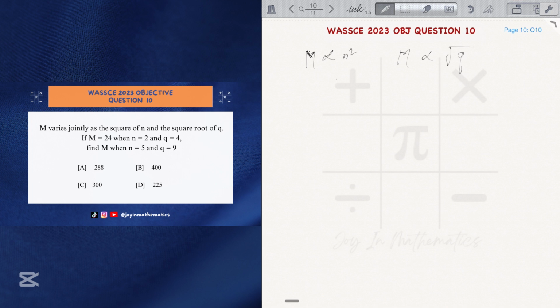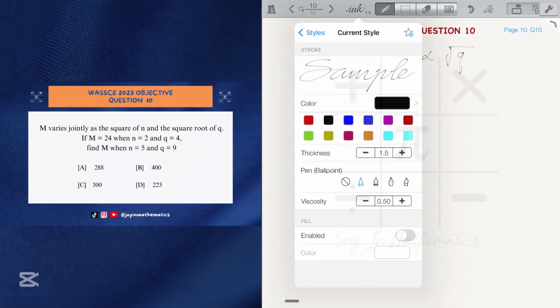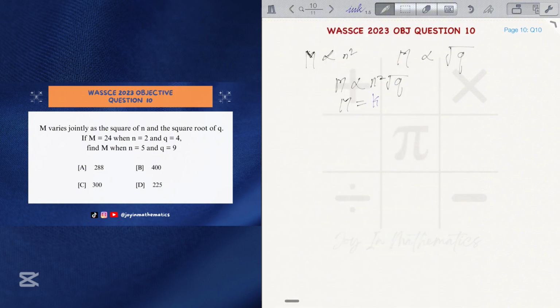So m is proportional to n squared root q. Now, to get rid of this proportionality sign, we add the constant of proportionality, so m equals the constant k multiplied by n squared root q.